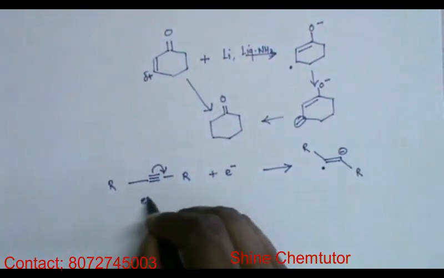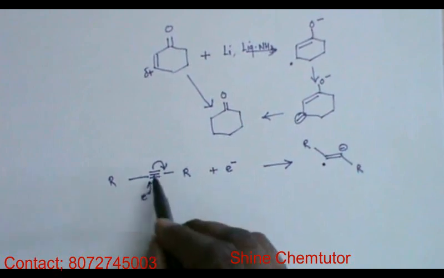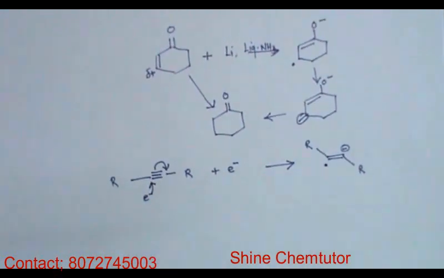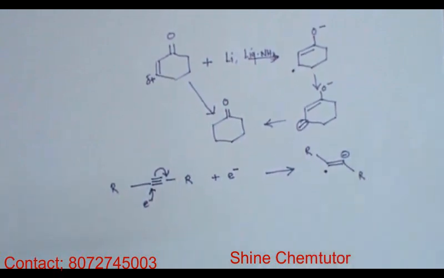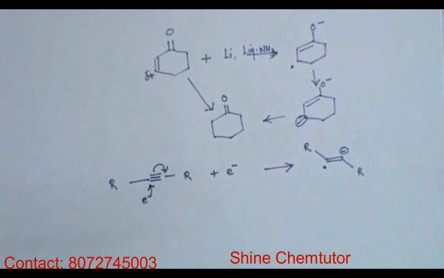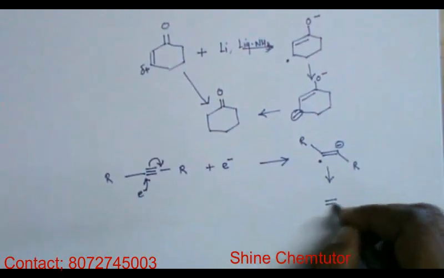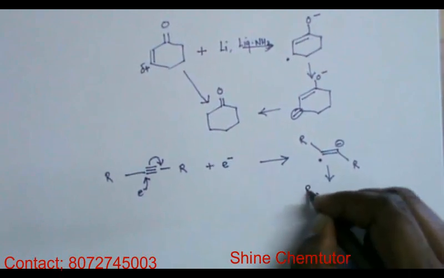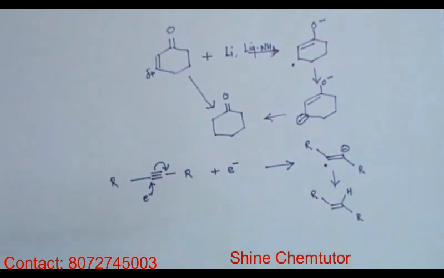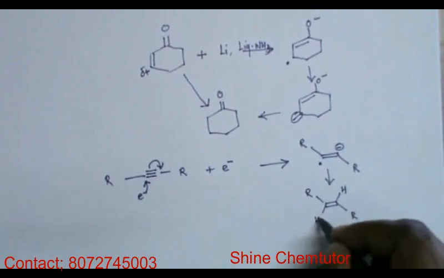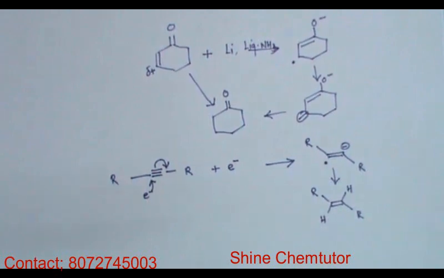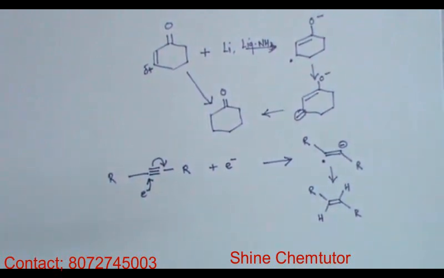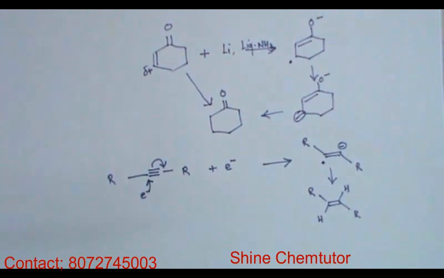So you can imagine this electron is delivered here and the minus charge goes over the other carbon. It prefers to exist trans. So this and this, they are trans now. Now the product, whatever you get after abstraction of hydrogen, will be like this. Further, one more electron will be delivered and we get trans product. To reduce alkyne selectively into trans alkene, we use lithium and liquid ammonia.